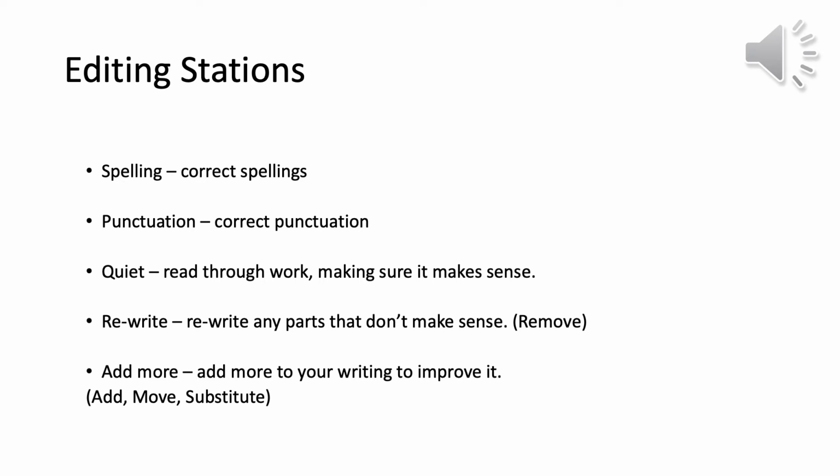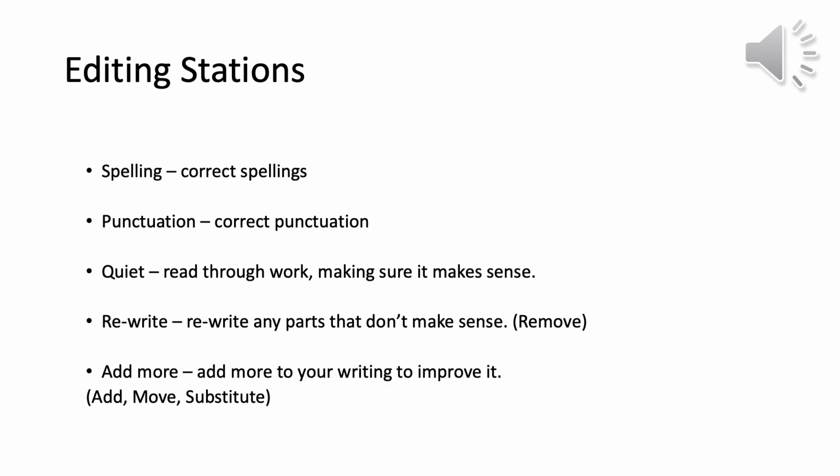On the fourth and fifth station, these are where we're really focusing on our editing, our improving our work, and we'll be thinking about our ARMS. So the fourth station is the rewriting station. This will be if you found any sentences in the quiet station that didn't make sense, here you'll be checking them. So it might be that you need to take something out if it doesn't make sense, okay?